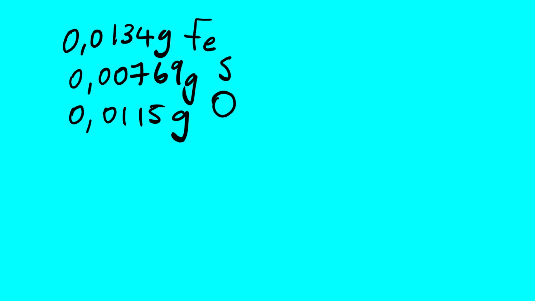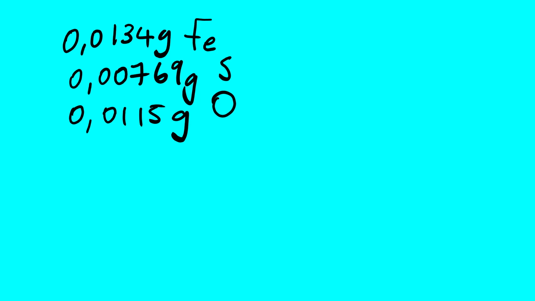Like, for example, this question is saying: what is the empirical formula for a compound which contains 0.0134 grams of iron, 0.00769 grams of sulfur, and the last one is 0.0115 grams of oxygen. Now we need to calculate the empirical formula.